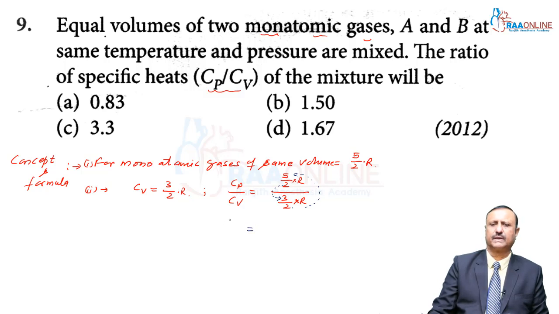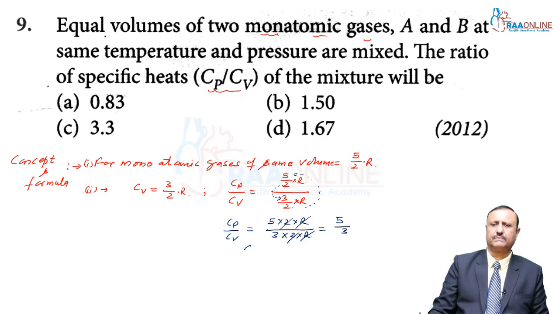Then, my dear students, you get Cp upon Cv equal to 5 into 2 into R upon 3 into 2 into R. So, my dear students, here R is cancelled, 2 and 2 are cancelled with each other, and you get 5 upon 3. This is 5 upon 3, my dear students.